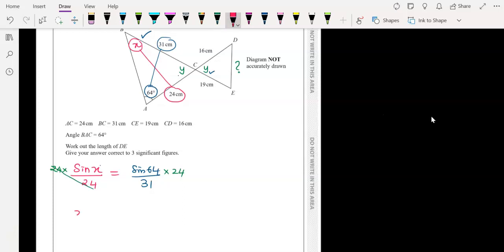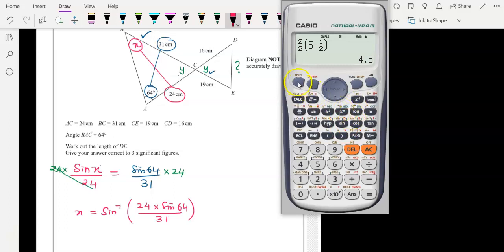So x equals sine inverse of 24 times sine 64 over 31. Let's put this in the calculator. Shift sine inverse 24 times sine 64 over 31.